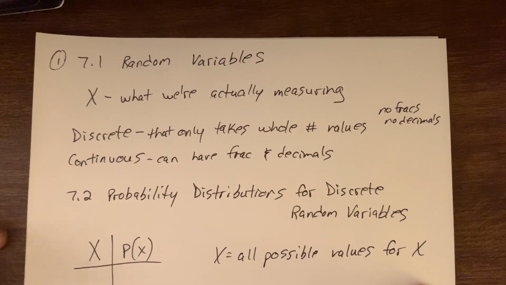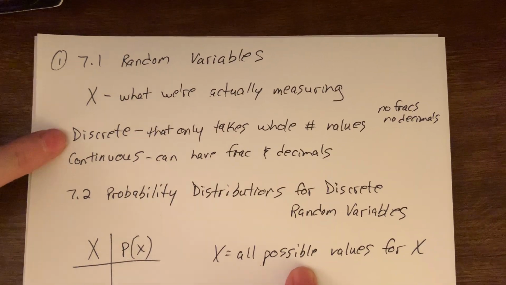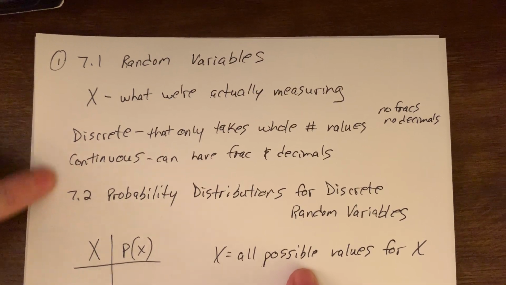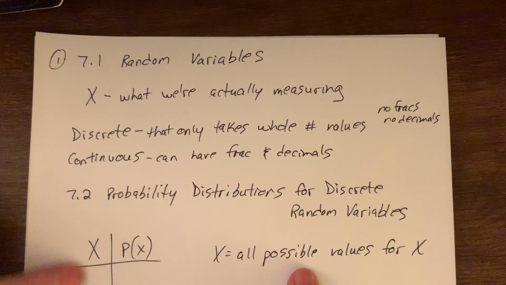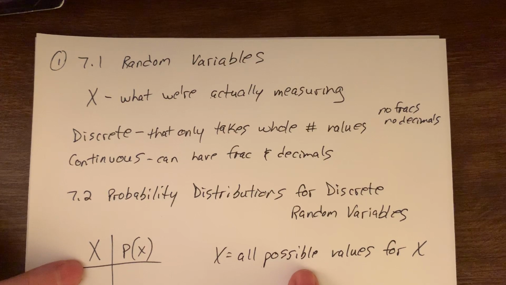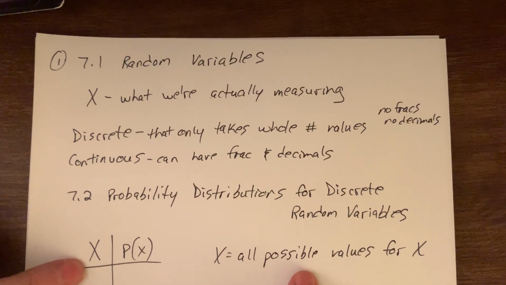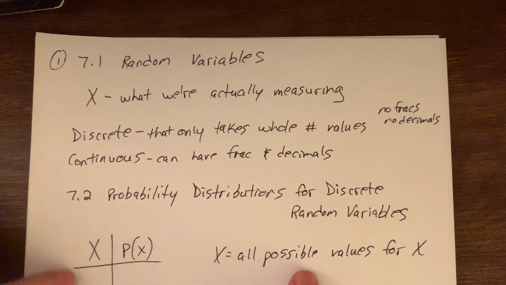Remember, that's a big difference between discrete and continuous. With the possibility of fractions and decimals, we could never get every single value on this chart because there are just too many. For every fraction and decimal, there'd be an infinite number no matter how small the interval is. So that's going to be a big difference.